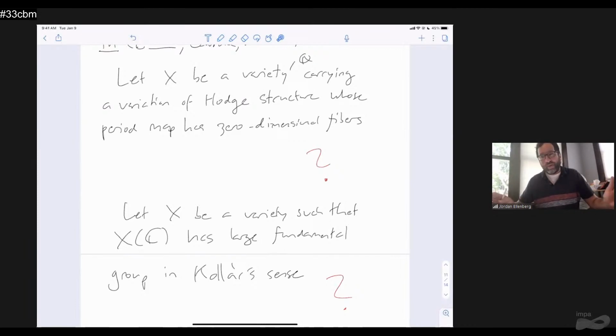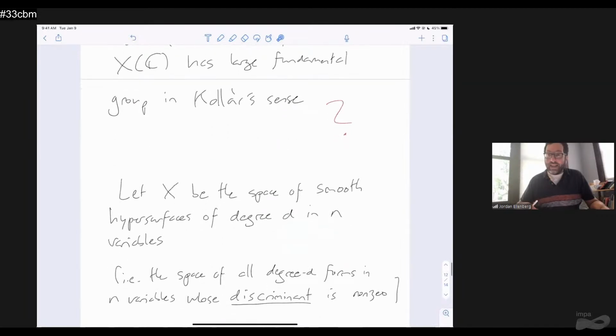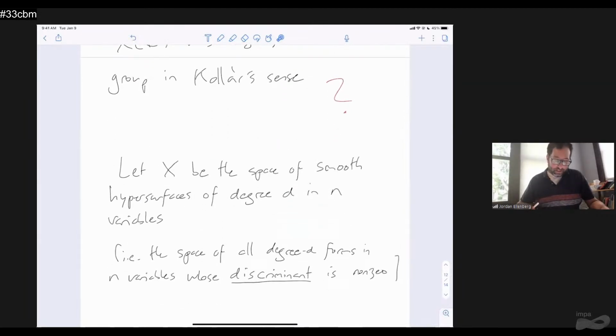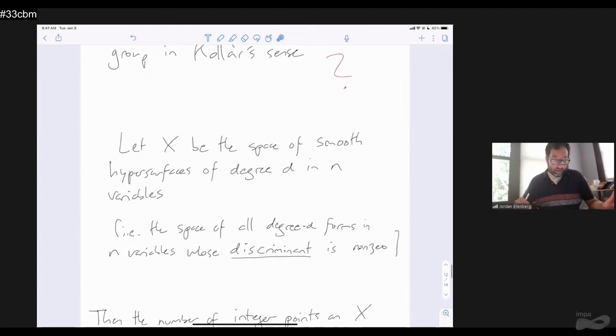I can understand the difference between that and something simply connected. If you don't like that, let me say, the key example, which is our motivation in proving this theorem, maybe X is just the space of smooth hypersurfaces of degree d in n variables. Another way to say that is it's just the space of all homogeneous degree d forms, but subject to the requirement that their discriminant is non-zero.